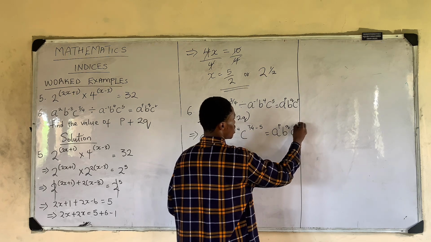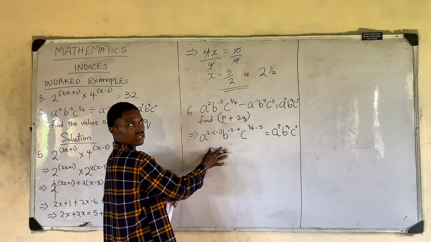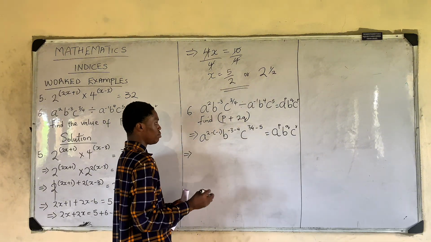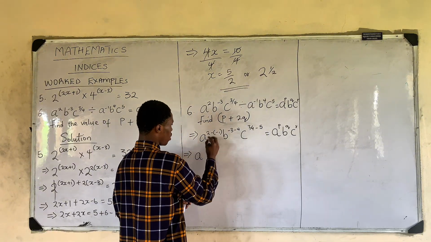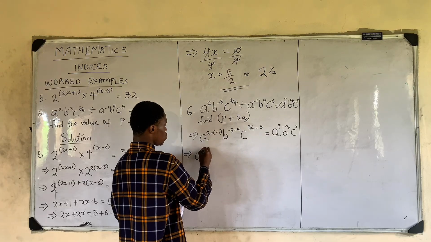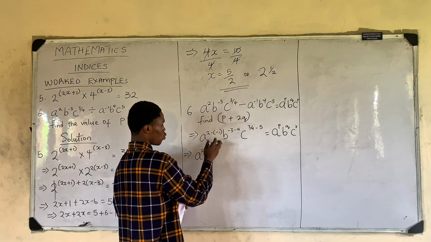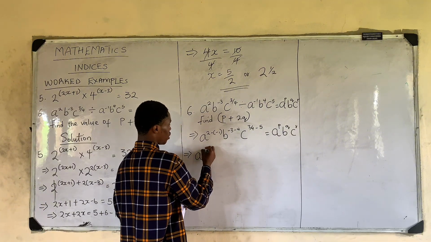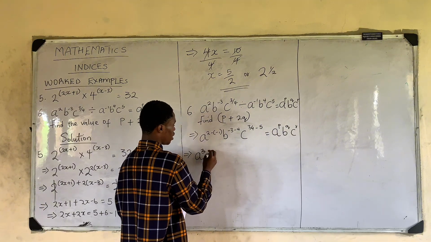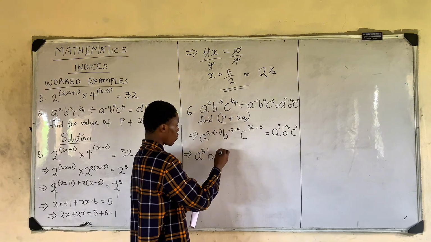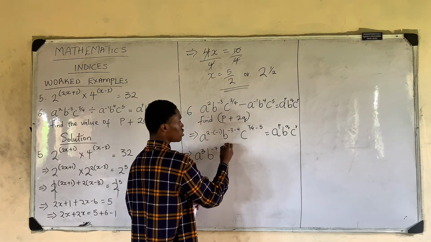Now let's focus on the left-hand side because we are trying to simplify. I have A to the power of what? 2 minus minus is plus, right? So you have 2 plus 1, which is what? 3. So you have A to the power of 3. Now B, you have minus 3 minus 4, which is minus 7.